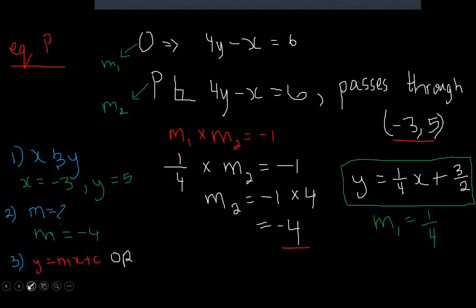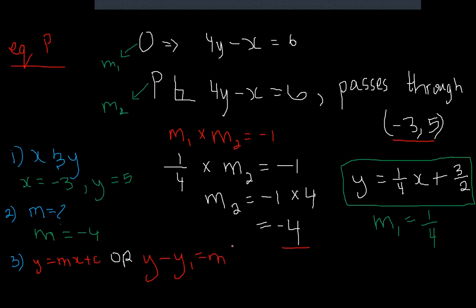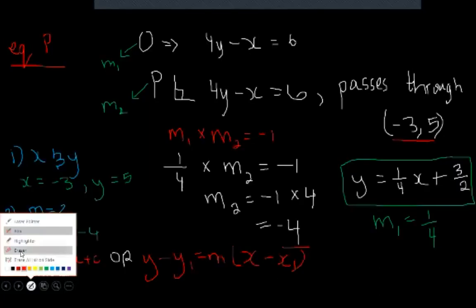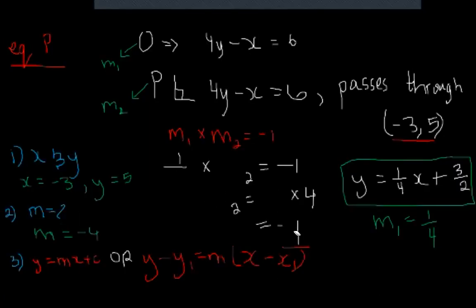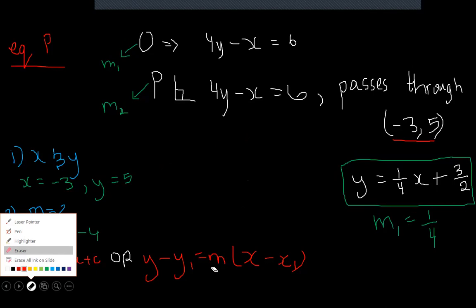So we could use the first method, y is equal to mx plus c, or we could use y minus y1 is equal to m brackets x minus x1. Most people prefer the second method, so that's what we're using. I could show you the first one too, though.